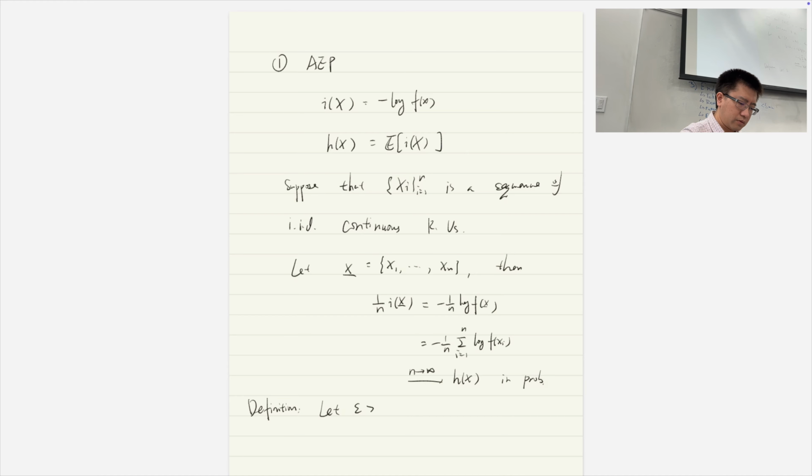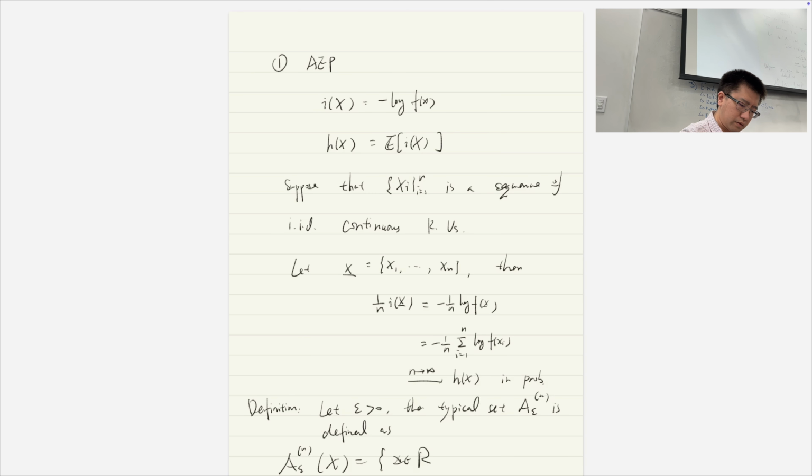So let epsilon be bigger than 0, and then the typical set A epsilon n is defined as this.